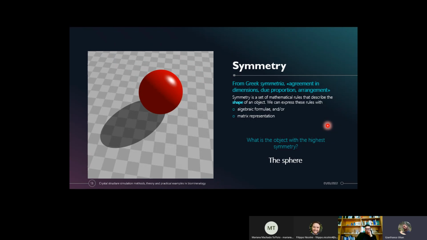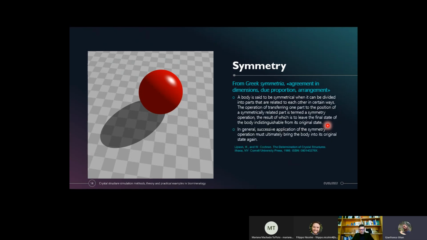And we can express these rules in terms of algebraic formulas or matrix representation. We will not deal with this representation in this lecture, okay? But I tell you just to know that these rules exist, okay? Obviously, if we talk about symmetry, the object with the highest symmetry is the sphere. The sphere is considered from a mathematical point of view the object with the highest symmetry.